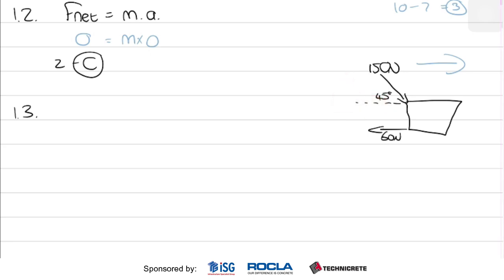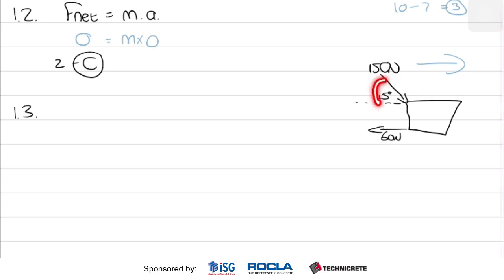We need to figure out the horizontal component of it that is going to the right, and compare that value to this 60 going to the left of friction. If we calculate those 2 forces, we would get our net force either to the right or left. If we have a net force to the right, it is accelerating to the right. If we have net force to the left, it would not be going anywhere because of the friction. So we would not have it accelerating horizontally, which would prove statement 1 incorrect.